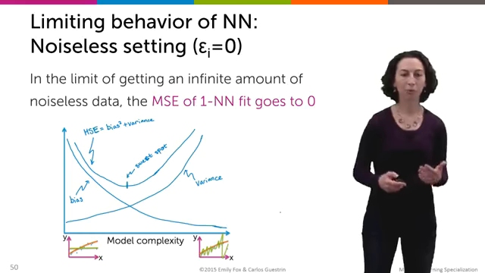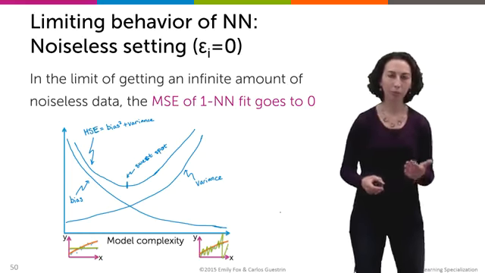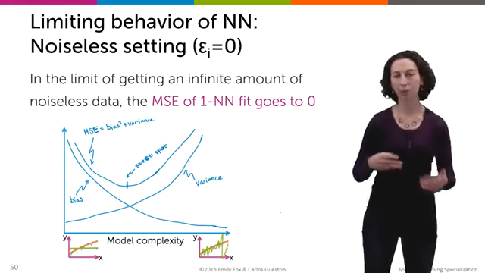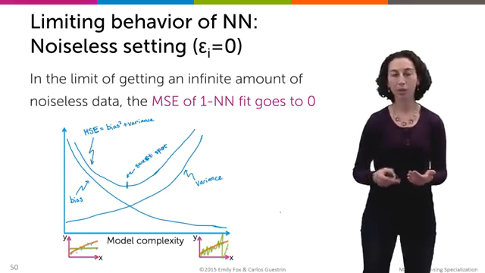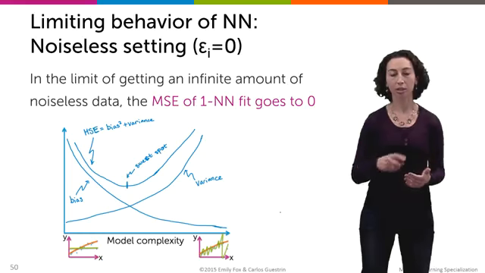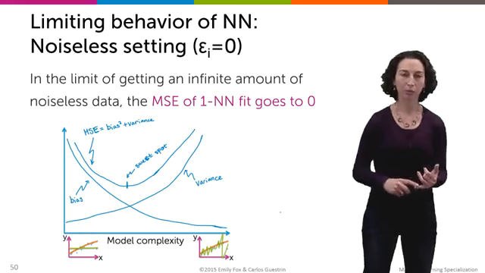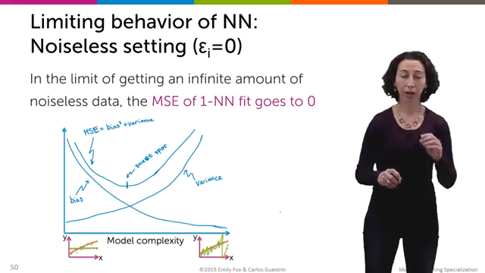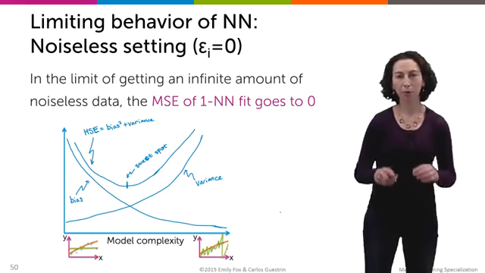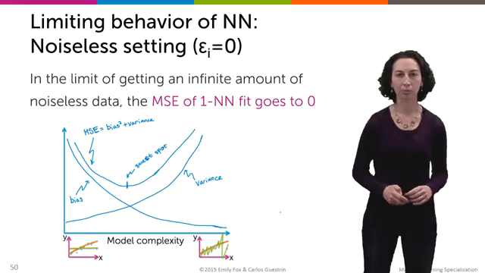But let's remember what mean squared error is. If you remember from a couple modules ago, we talked about the bias-variance trade-off, and that mean squared error is the sum of bias squared plus variance. So having mean squared error go to 0 means that both bias and variance are going to 0.